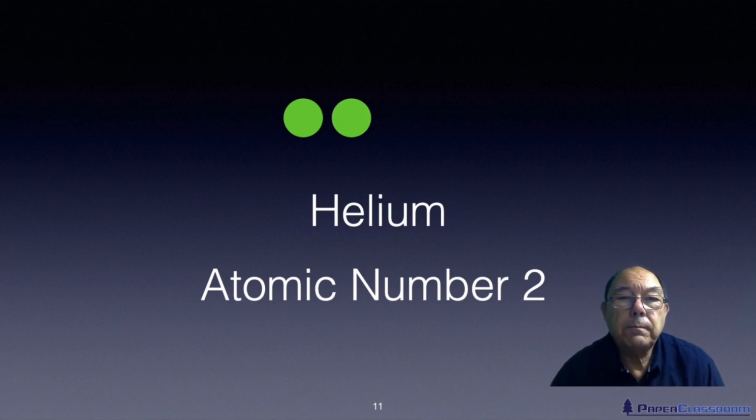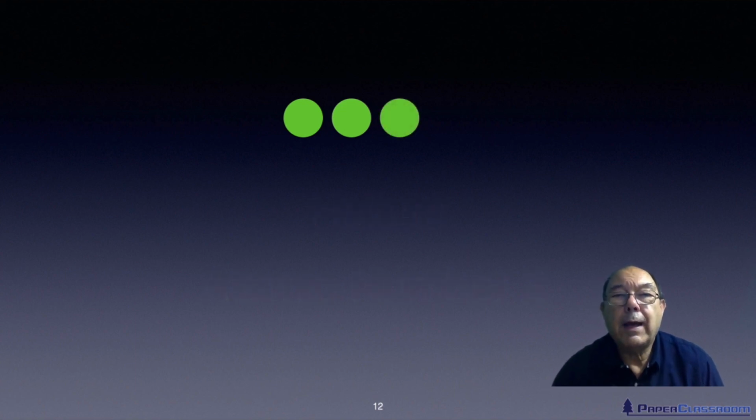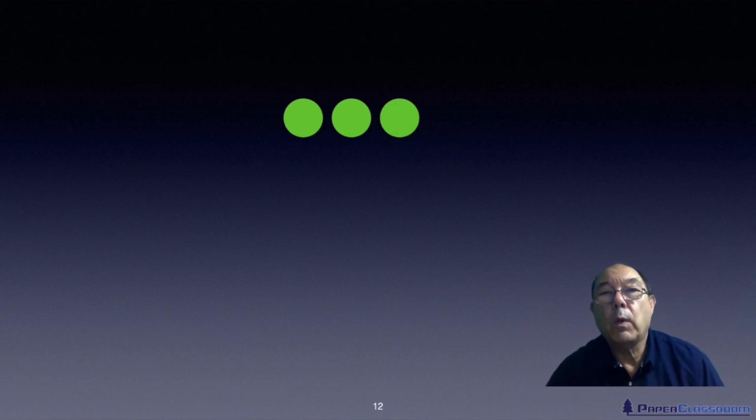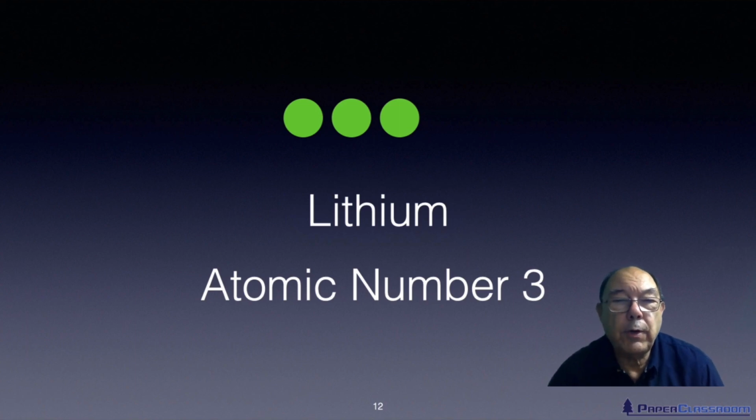Another go. So here we have an atom that has 3 protons in its nucleus. What's its atomic number? Okay, that's right, it's 3. And for those of you that would like to know, the element which is atomic number 3 happens to be lithium.